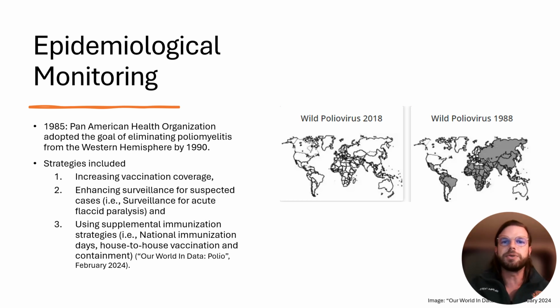These strategies included increasing vaccination coverage, enhancing surveillance for suspected cases, such as surveillance for acute flaccid paralysis, and using supplemental immunization strategies, such as national immunization days, house-to-house vaccination, and containment activities. As we can see from the depiction below, wild poliovirus in 2018 is much different than wild poliovirus in 1988, and we see extensive eradication.